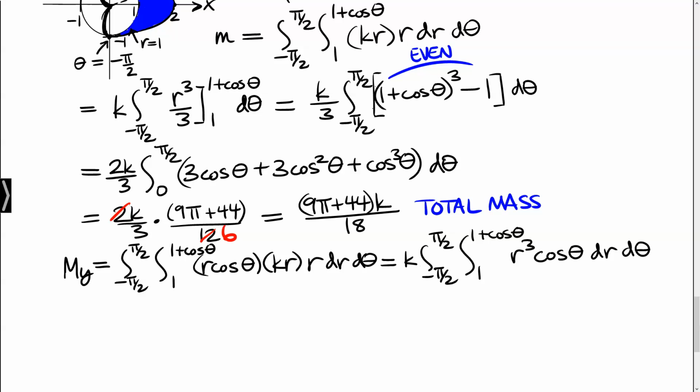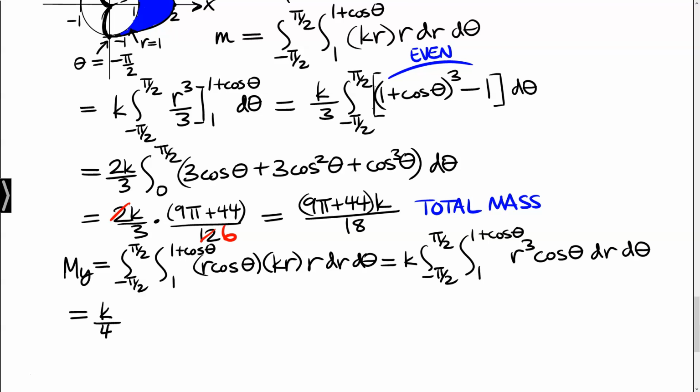All right, so once again, let's clean this up. We're integrating with respect to r, so that's going to be r to the 4th over 4. The cosine can come outside the innermost integral, because it's a constant with respect to r, but it can't go all the way out because it's still a function of theta. So we can pull the cosine through one of the integral signs, but the r to the 4th over 4, we can pull the 1/4 all the way out.